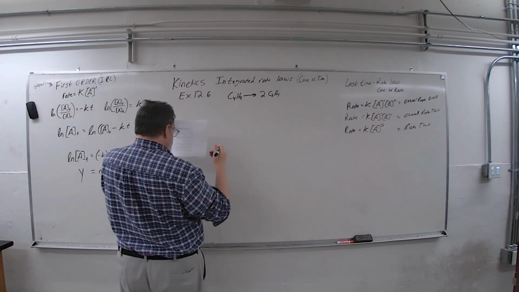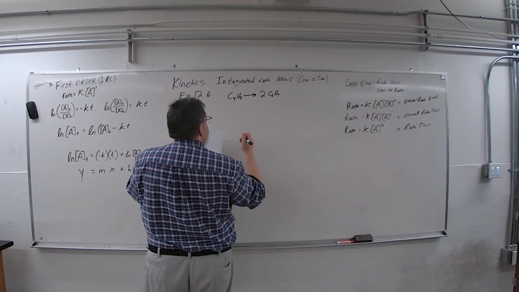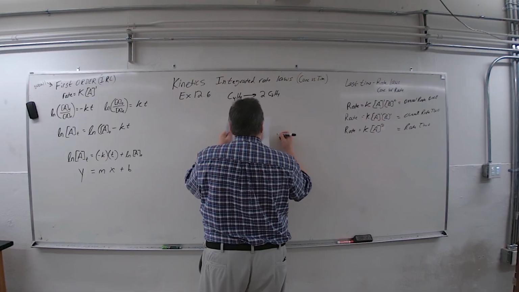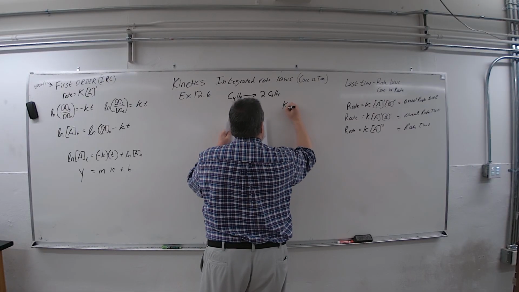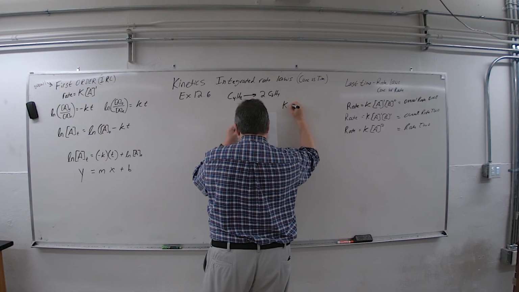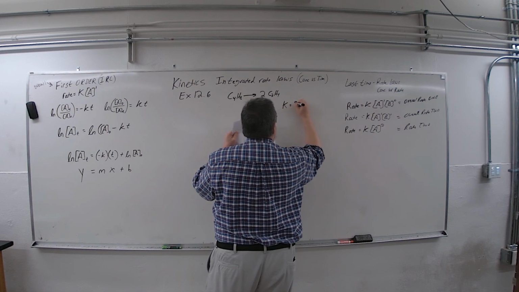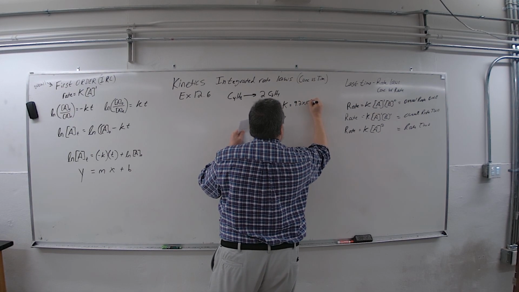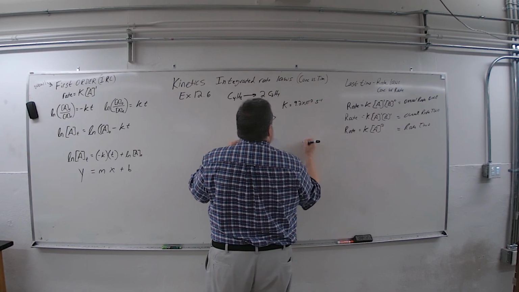All right, and you're told, I'm pretty sure I solved these the other day when I was going too fast, but here I am going slower. It's telling you the rate constant K is 9.2 times 10 to the negative 3.